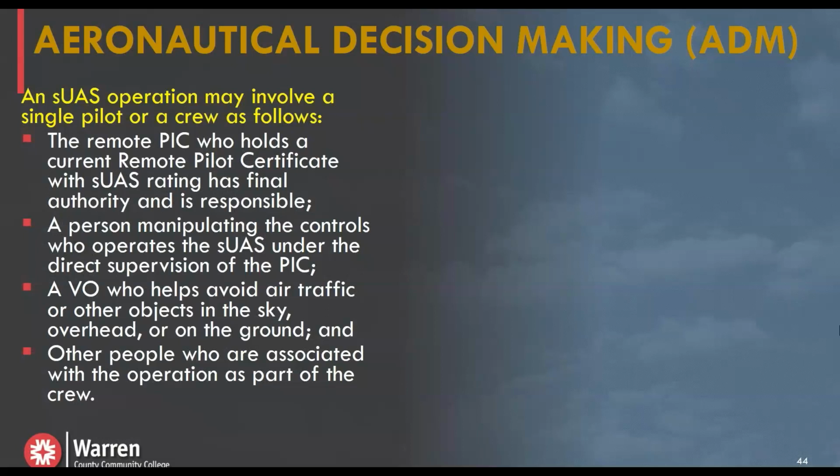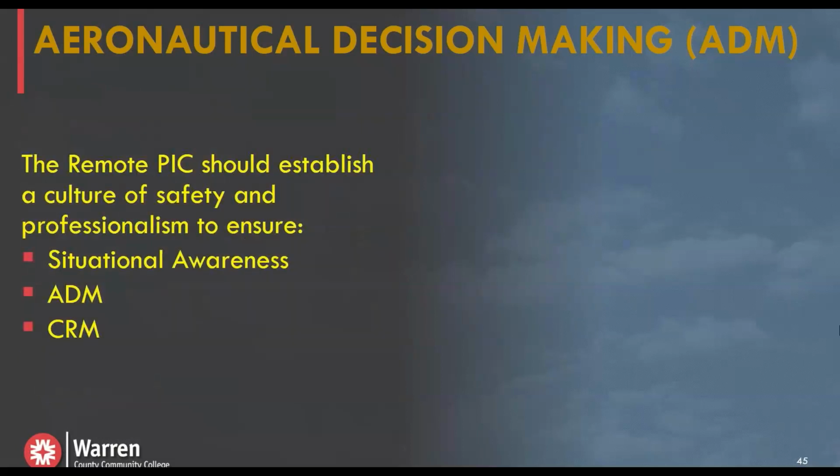So you really need to be next to the person manipulating the controls at all times. A visual observer helps avoid air traffic or other objects in the sky, overhead, or on the ground. And then other people who are associated with the operation as part of the crew. And I talked a little bit about those earlier. It's your job as the remote PIC, especially the licensed remote PIC, to establish a culture of safety and professionalism to ensure situational awareness.